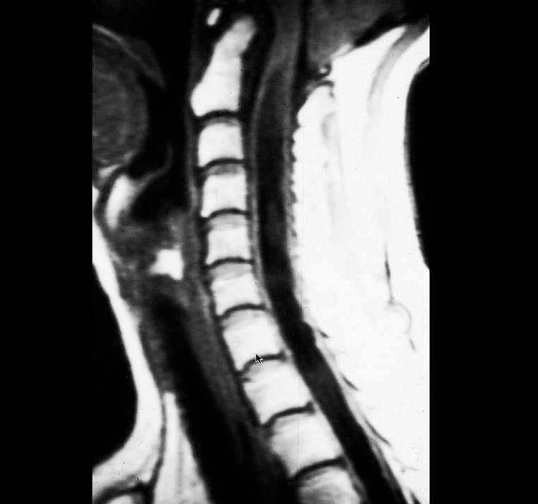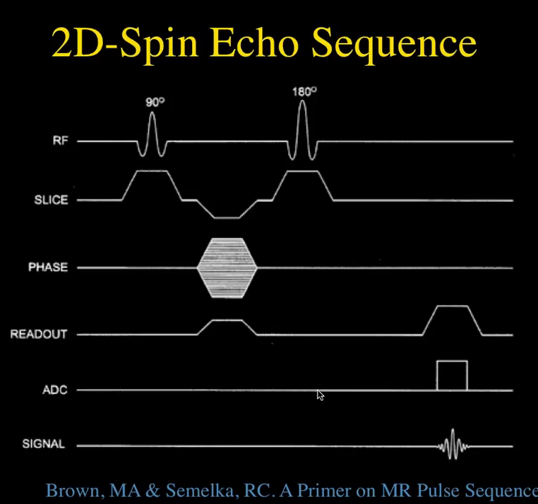Why would the end plates be different in signal intensity? Michael? Correctly, I think it's chemical shift artifact. Okay. That's chemical shift artifact. So we'll talk about what that is. And you can tell from this that the frequency encoding is up and down.